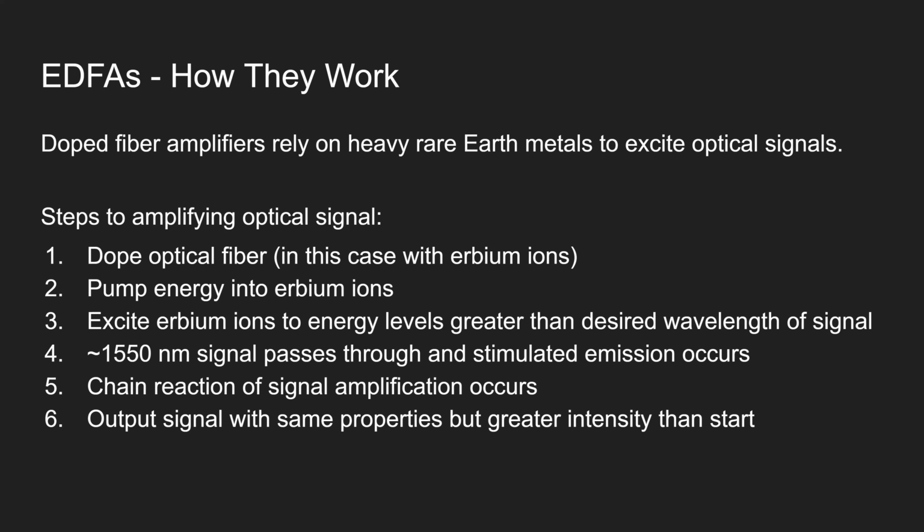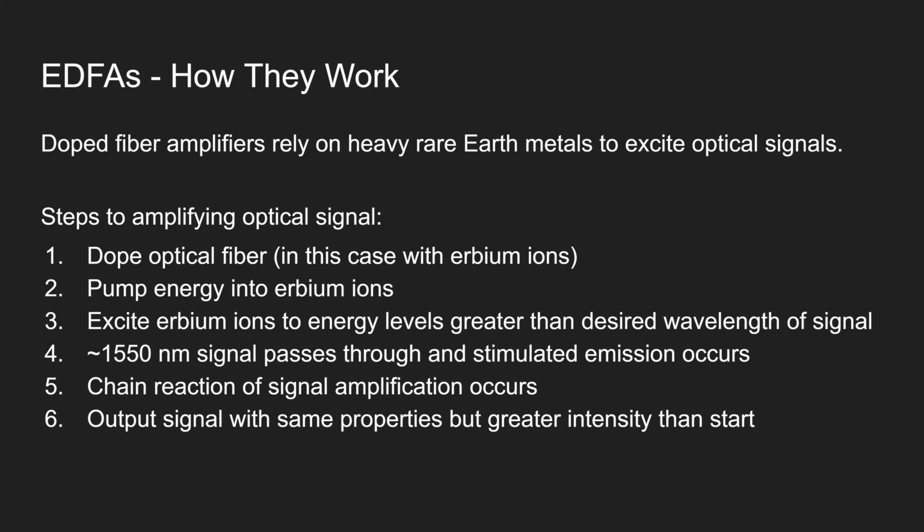And so the steps that go into how it works is that first you have to dope the optical fiber, which in this case is with erbium ions. Next, you pump energy into these erbium ions to get them excited to higher energy states. In the case of all the DFAs, you excite the ions to a higher energy level than the energy of the optimal wavelength that will go through the signal.